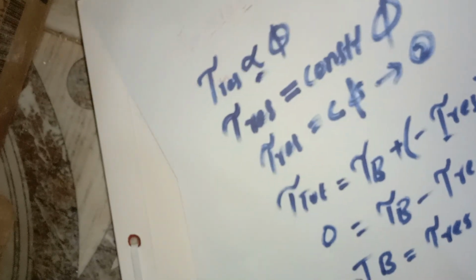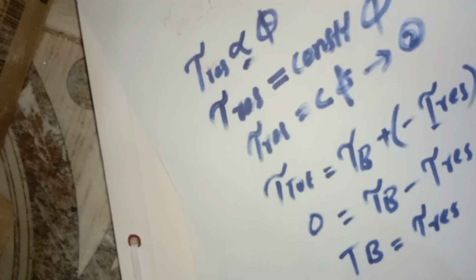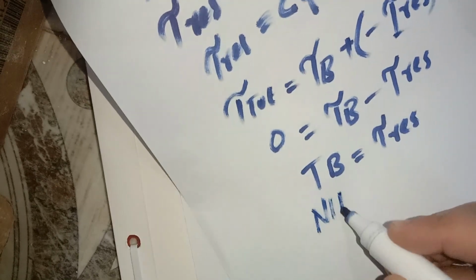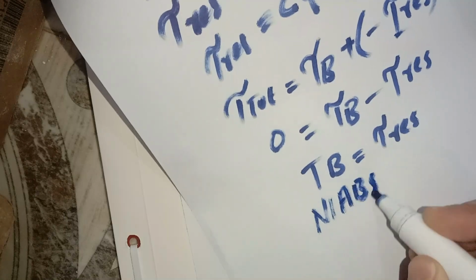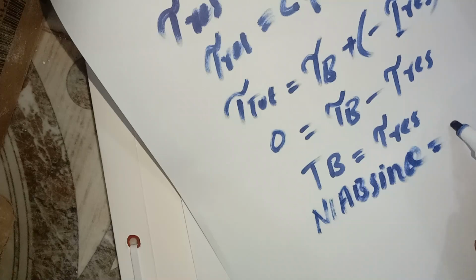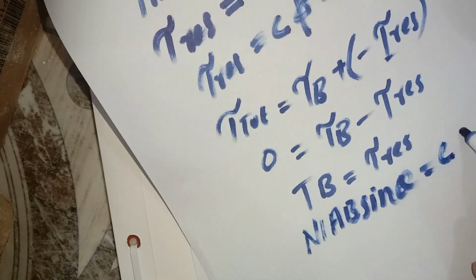Here I will put these values. Tau B is given by NIAB sine theta, which is equal to tau restoring, given by C phi.